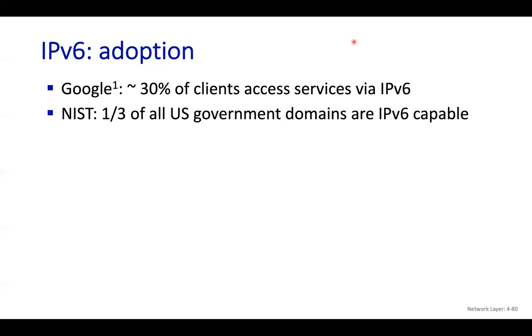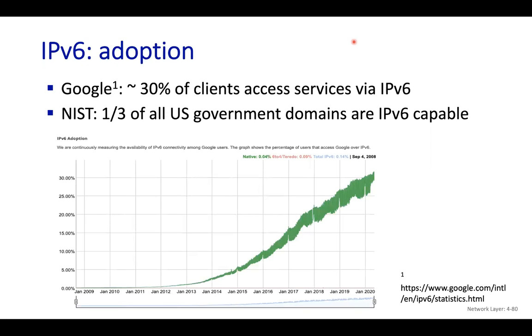So you can think that almost 30% of the clients are now using the service through IPv6. And NIST reports that one third of all US government domains are IPv6 capable. So that's a good thing. And you can see IPv6 increasing every year based on the Google statistical survey here.